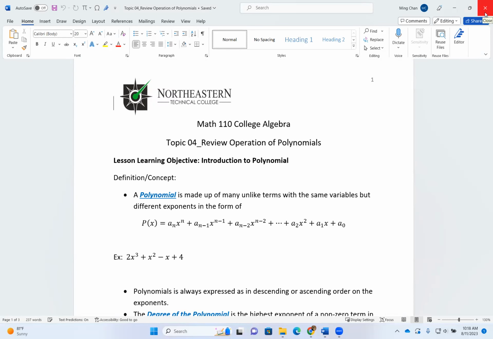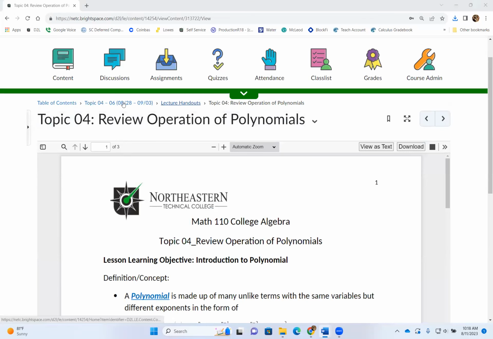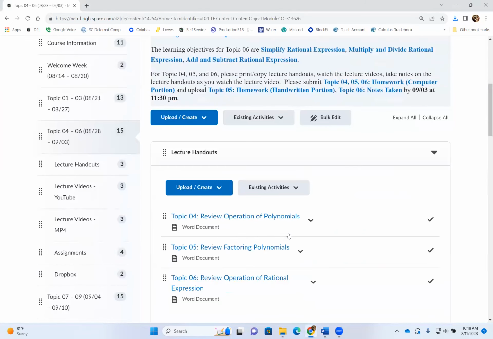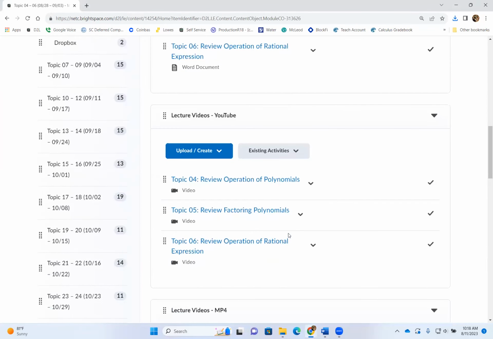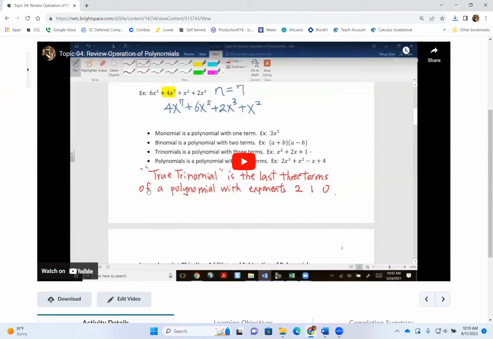Once you print or copy down your lecture handouts, you will use the lecture handout to take notes while you watch the lecture video. In this video, you will see I wrote stuff down. These are the things you will copy down. When you first copy down or print the lecture handout, it's basically empty.